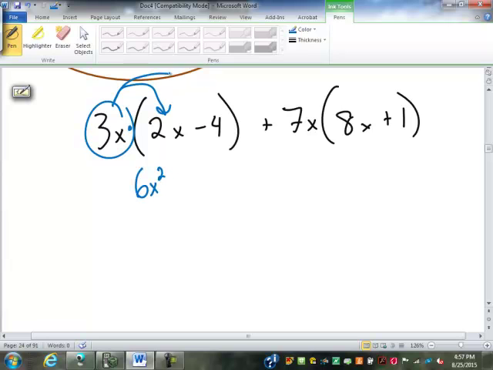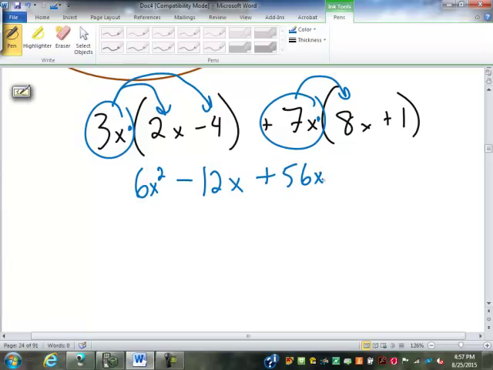Then 3x times negative 4 is negative 12x. Then we have to do this multiplication. 7x times 8x is, it's positive, so I'm going to put a plus, 56x squared. 7x times 1, positive 7x, so just 7x.